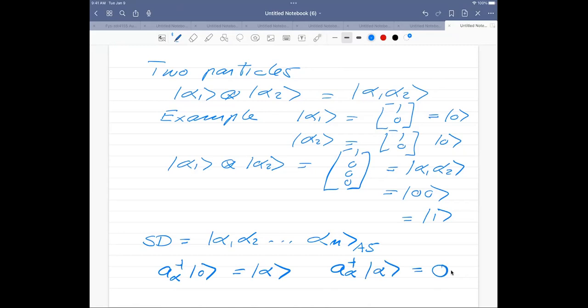And we could create the Hermitian conjugate, which is called an annihilation or destruction operator, where we have a alpha acting on 0, which is equal to 0. And then we have a alpha acting on a state like this, and that removes a particle. So we're back with the vacuum state, which we have defined here.